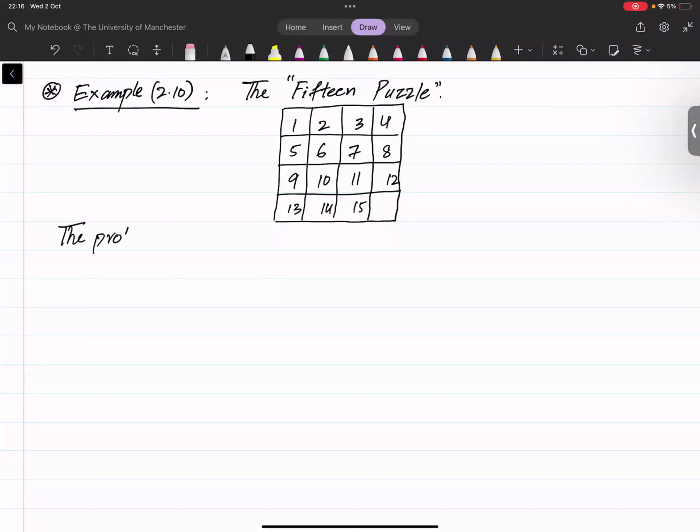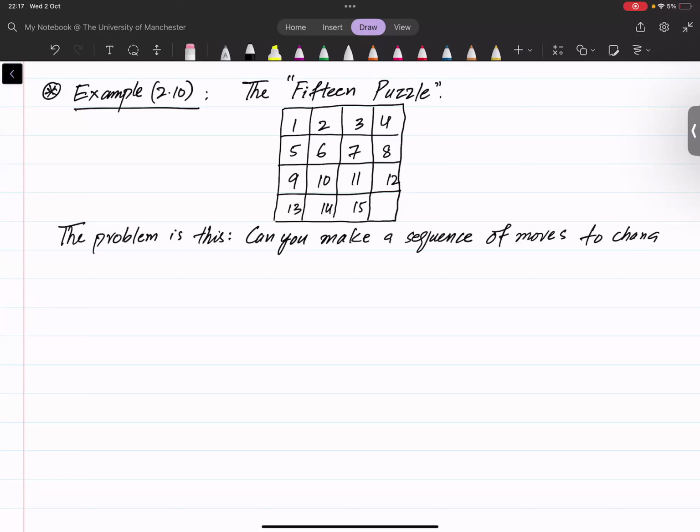So the problem is this: can you make a sequence of moves to change the above configuration to this one? Which one?